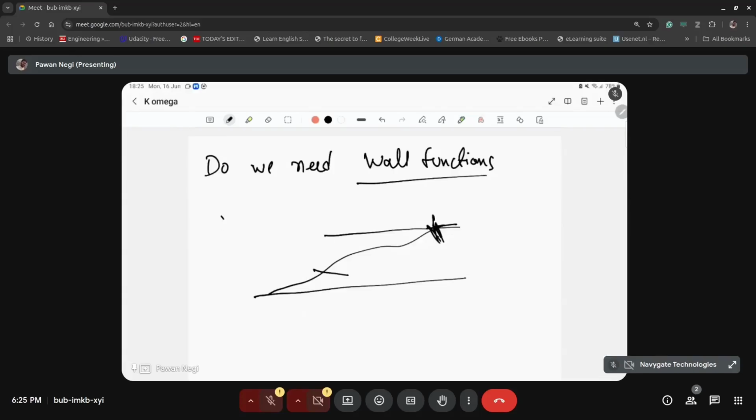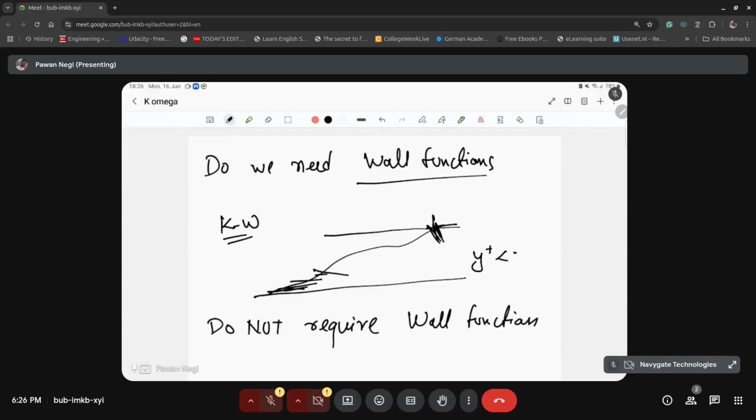But in K-Omega model, we essentially do not require wall functions because we can in principle resolve up to the viscous sublayer. But for this, the y plus should be less than 1. And in our case, we have a y value which is close to 1, but it is not less than 1. Therefore, we should use wall function.